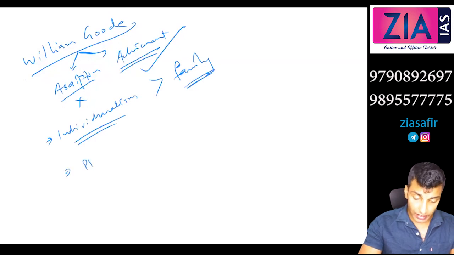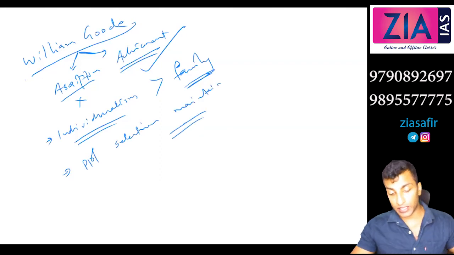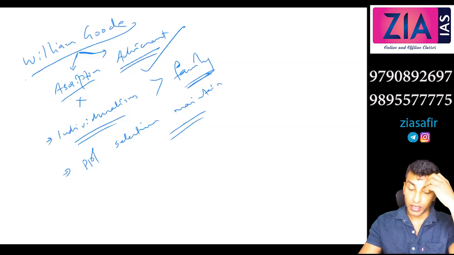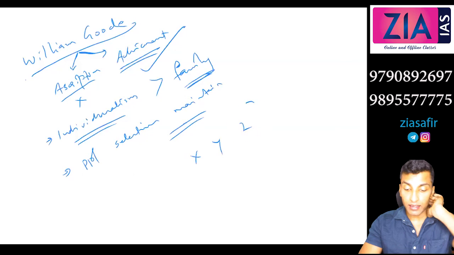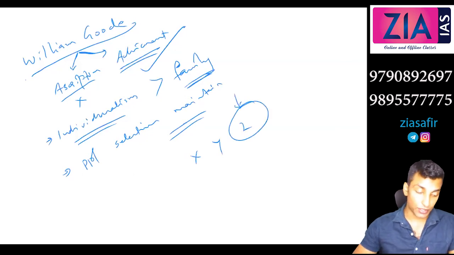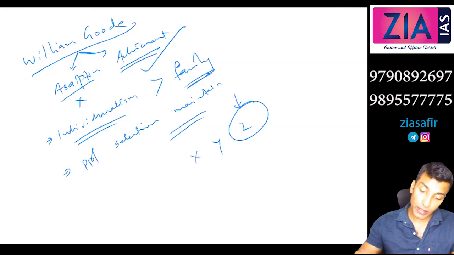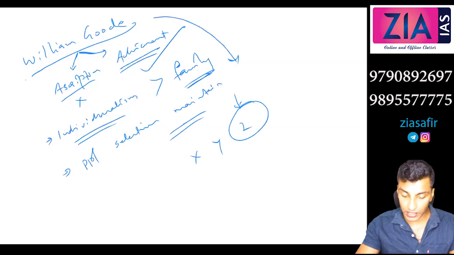Then people selectively maintain relation. So it is not necessary that you will maintain relation with all your kins equally. You might have cousins XYZ, but you may selectively maintain the relation, and this is seen mostly in the modern society. This was not the case in traditional society. So here there is role bargaining. This term is used by William Goode. Actually these terms have to be there in your answer.